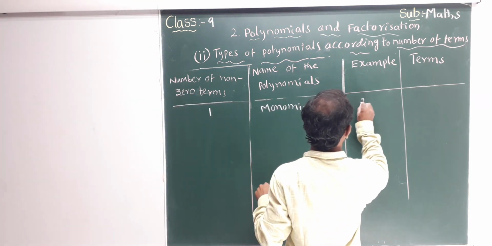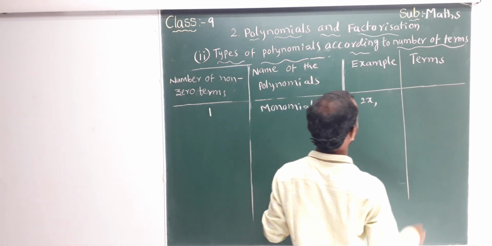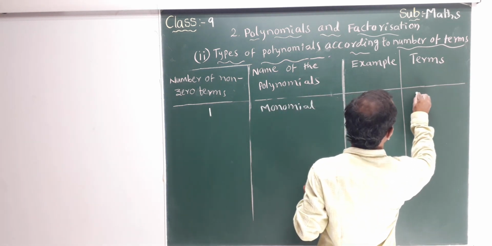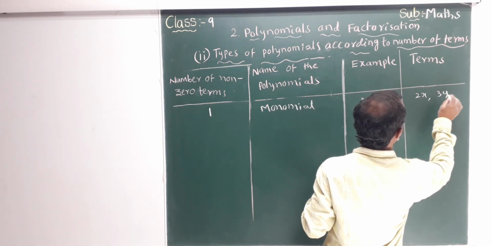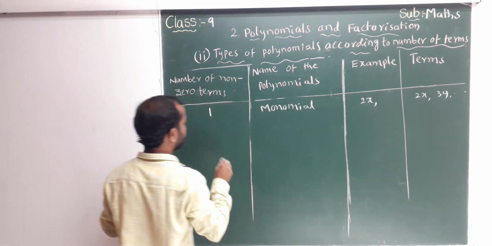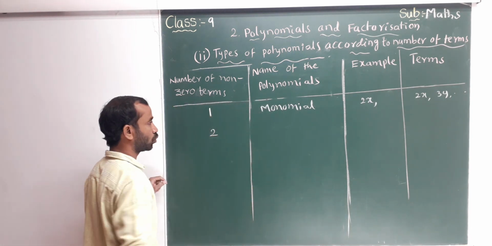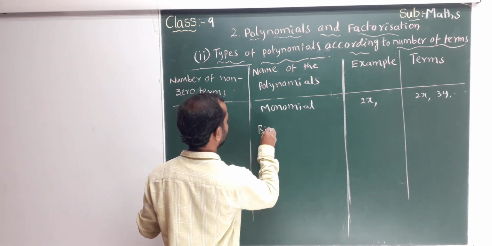For example, 2x has only one term. 2x or 3y, etc., are called monomials.